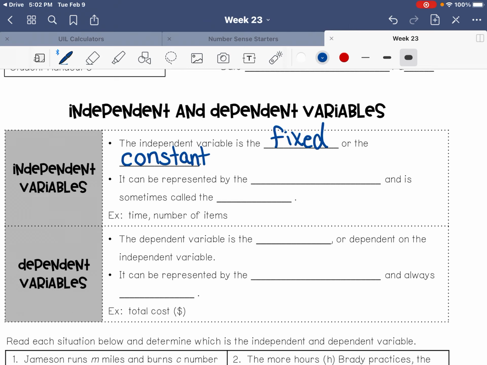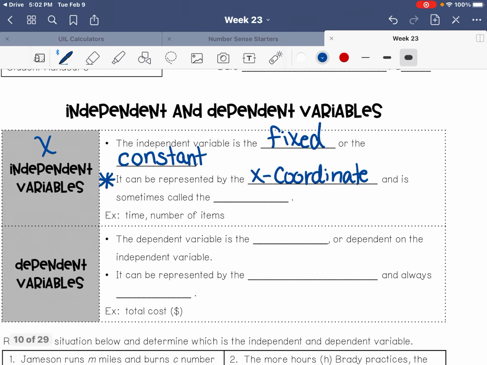Okay? Key thing right here, you should write this down. The independent variable is represented by the x coordinate. In other words, x is your independent variable. It should always be. Sometimes it's called the control.